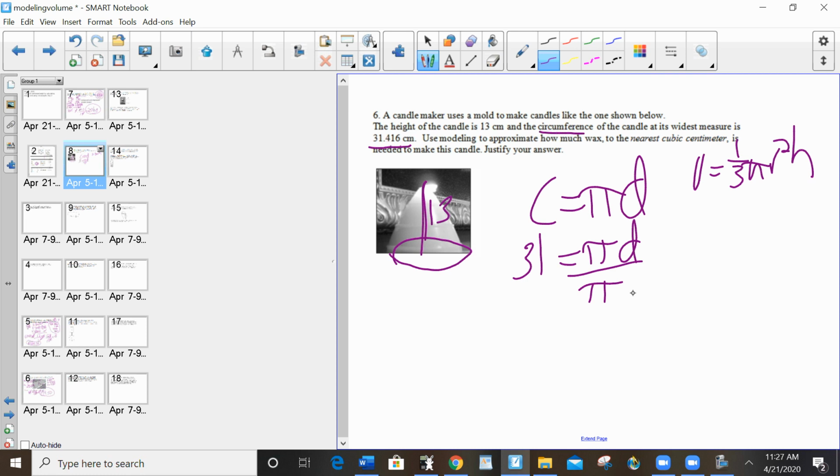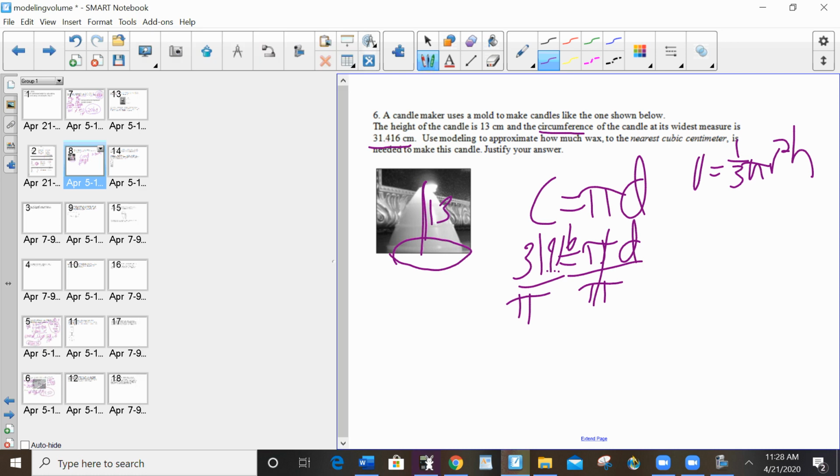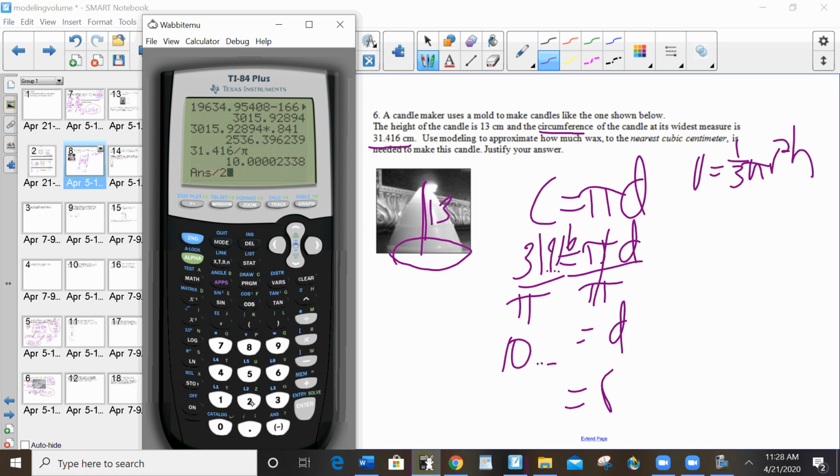If they give me the circumference, then I'm subbing in for C. So it's 31.416 divided by pi, and that's going to give me 10 dot dot dot. So if the diameter is 10 and the radius is half of that, I divide this by 2 and I get 5 dot dot dot.